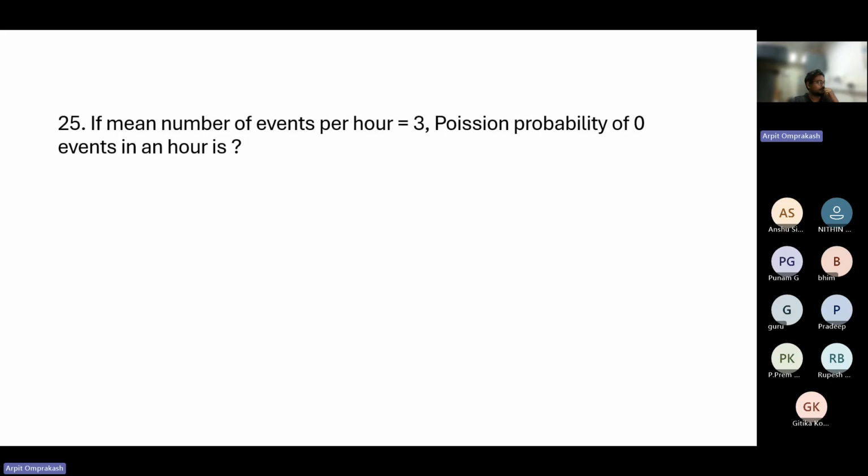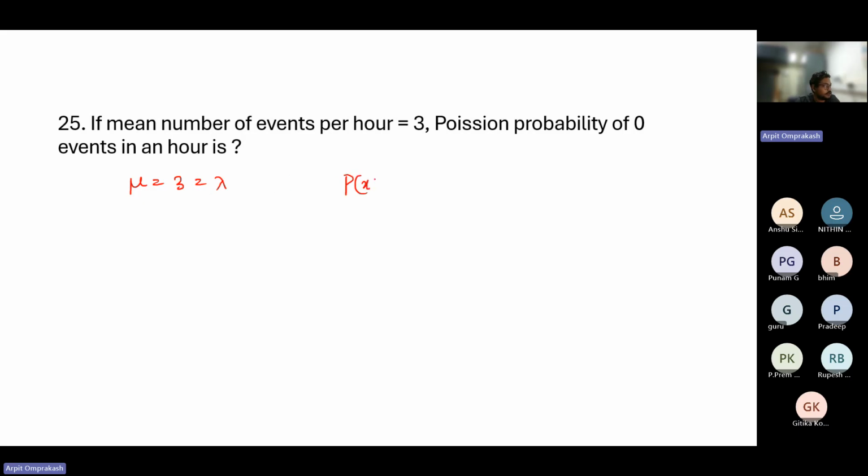Now the next question is, if mean number of events per hour is 3, the Poisson probability of 0 events in an hour is dash. For the Poisson distribution, we have our mean number of events, which is 3, which is lambda.